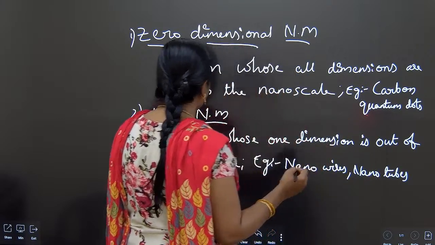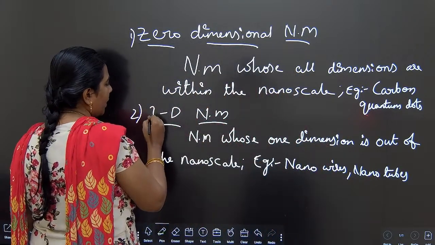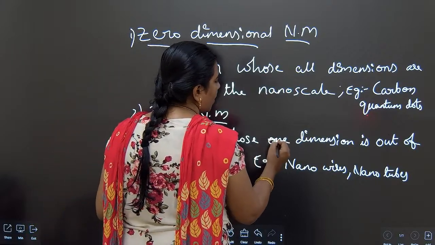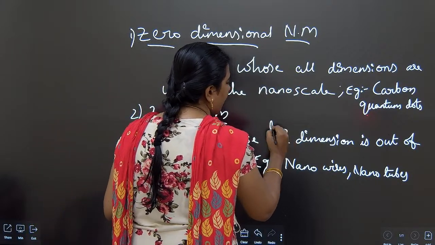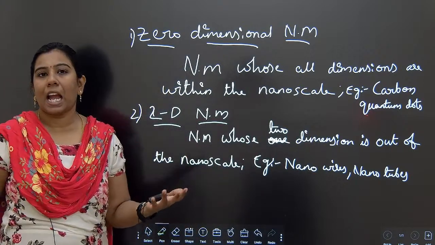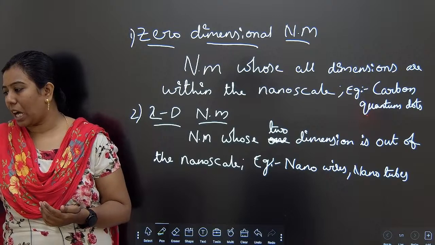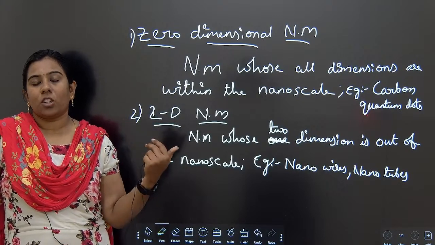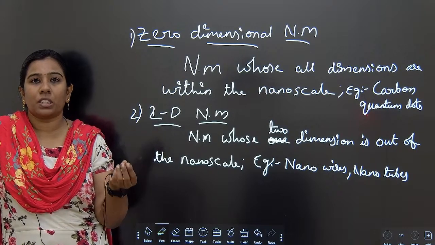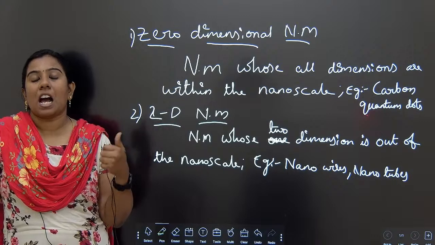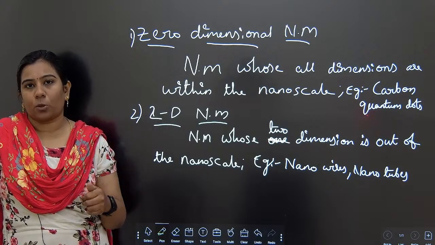Okay, in the same way 2D means two of its dimensions are out of nanoscale, then it is called 2D. And examples for 2D are nano layers and nano coatings. For 3D, the nanomaterials whose three dimensions are out of the nanoscale are called three-dimensional nanomaterials.